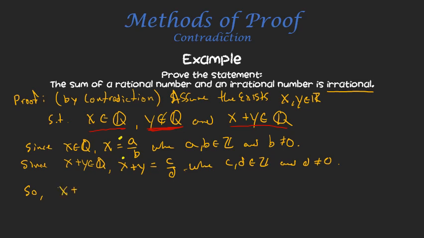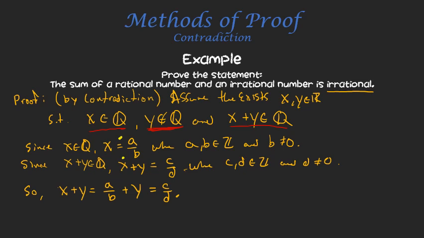Rewriting x as a over b, x plus y is equal to a over b plus y, but we also know that x plus y is equal to c over d. And so it follows that a over b plus y must equal c over d.